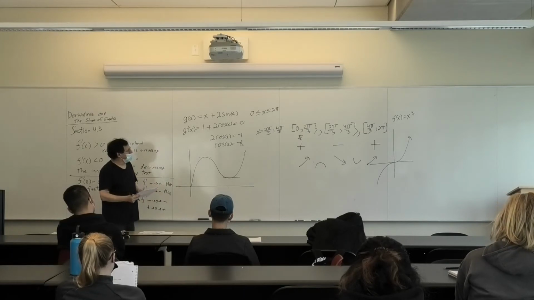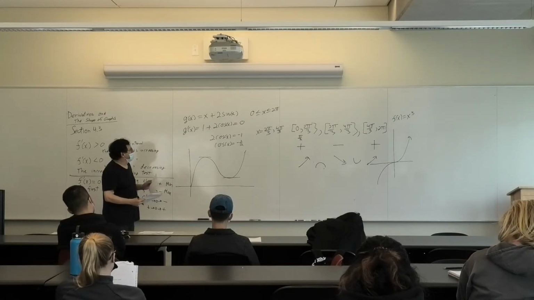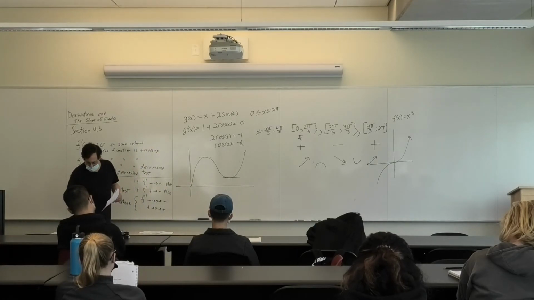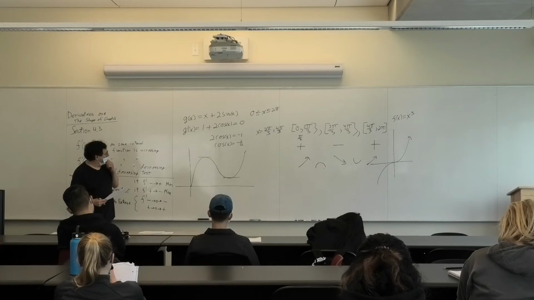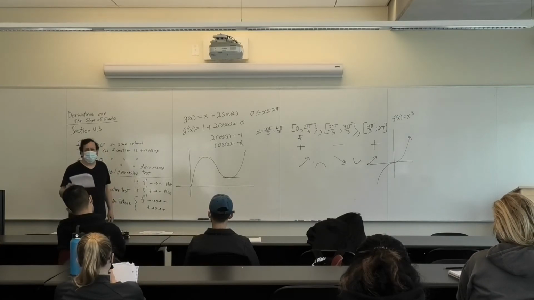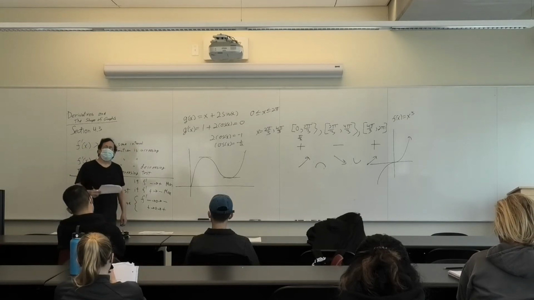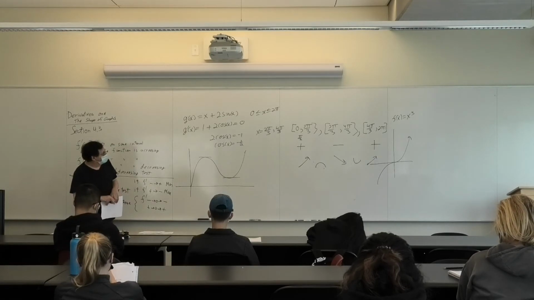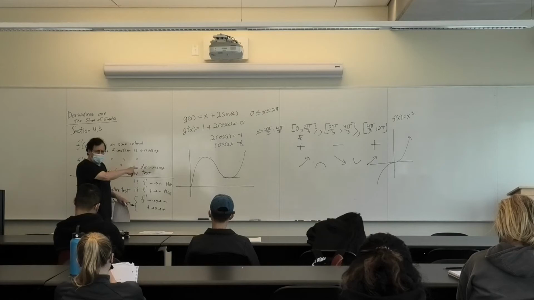Okay, so these are some tools we have for determining what a function looks like. We're not quite done, and the next part took me a long time to get in my head. Before I go, though, are there any questions about this?